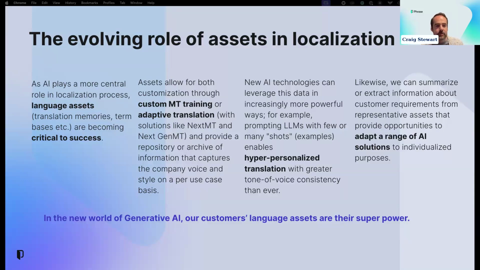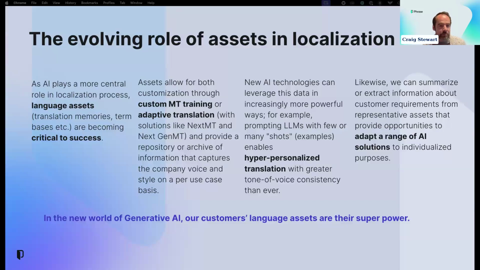And we already have solutions that we've released, including things like NextMT, where NextMT is relying on translation memories and fuzzy matches to drive at a higher quality translation that is much closer to the style or company voice that's required or desired. And then we have NextGenMT as well, which is our new LLM-based solution, where we're trying to use linguistic assets like translation memories in particular to, again, drive at much, much higher quality translations.